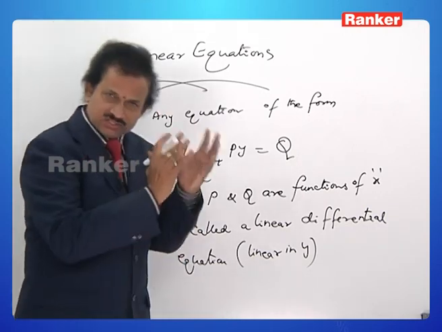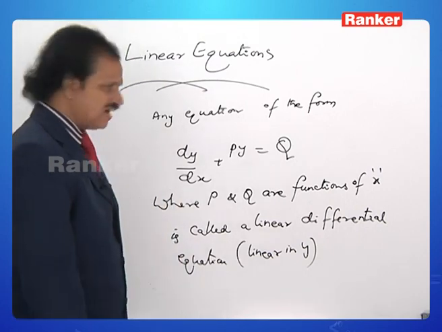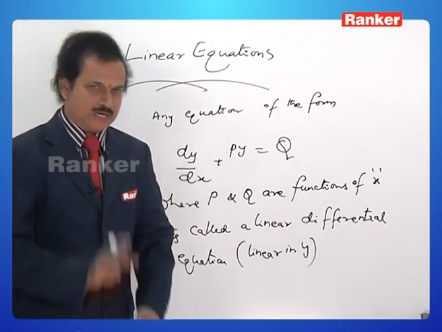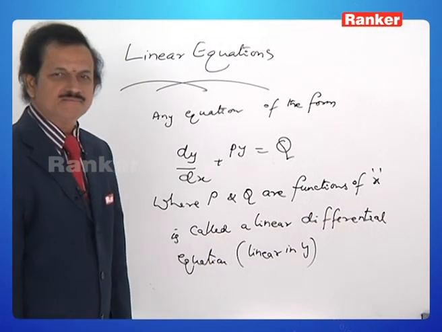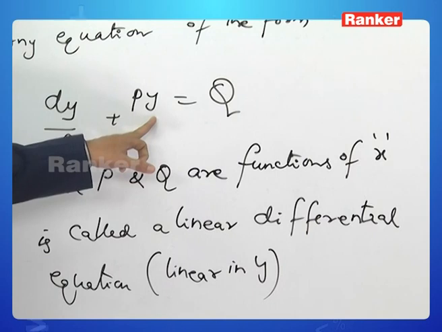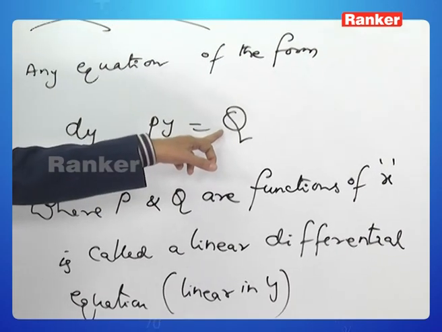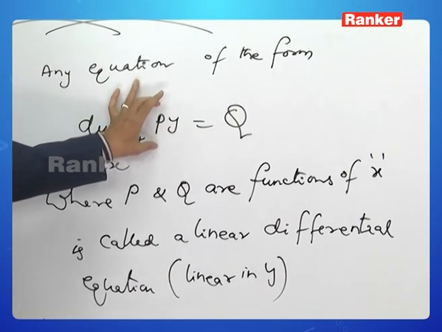There is a fixed format. You must be able to look at the given equation in this form only, then only you can say that it is linear in y. Why? Because y is of first degree. In P no y's will be present.